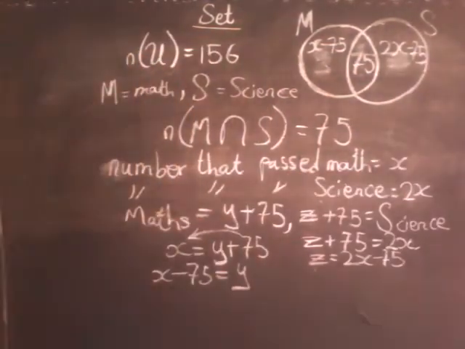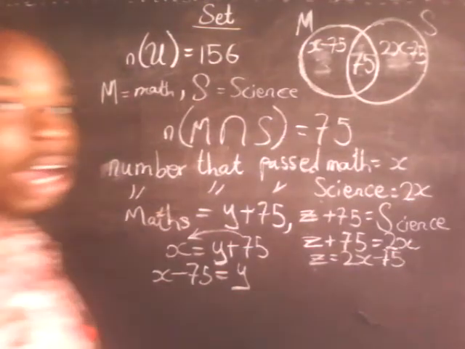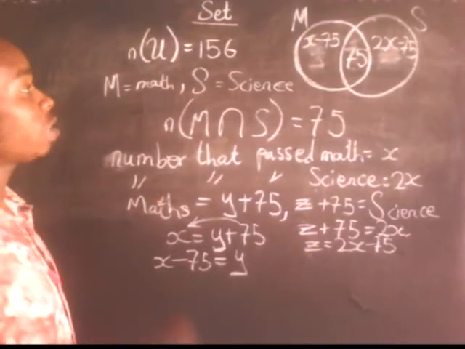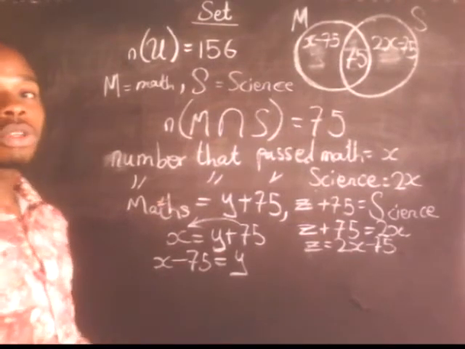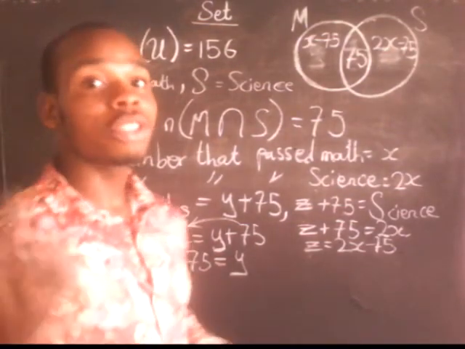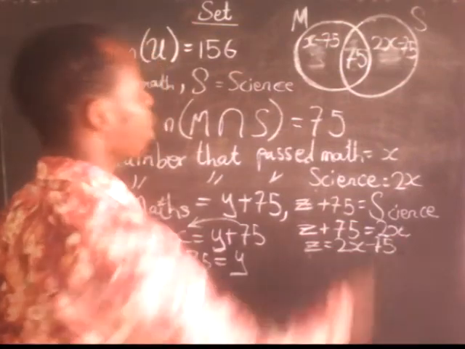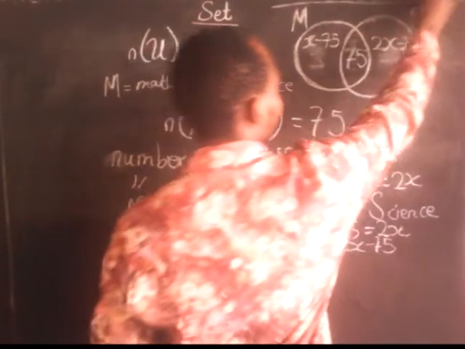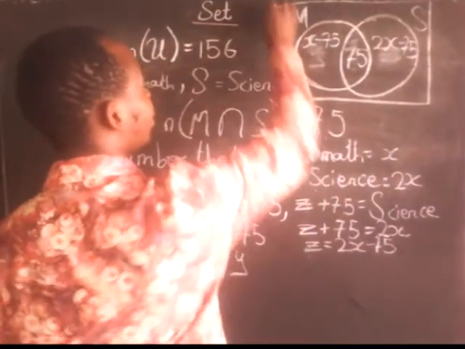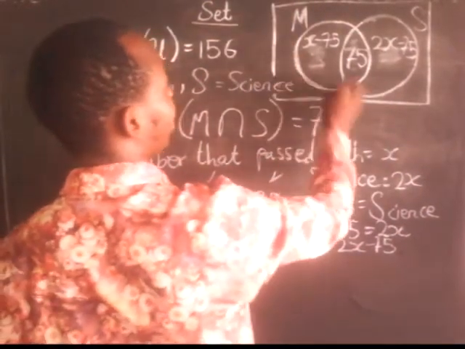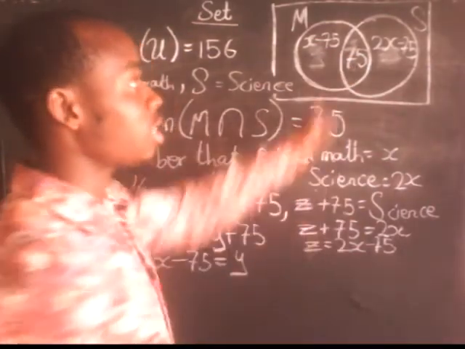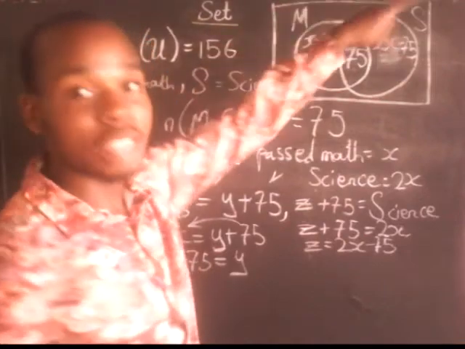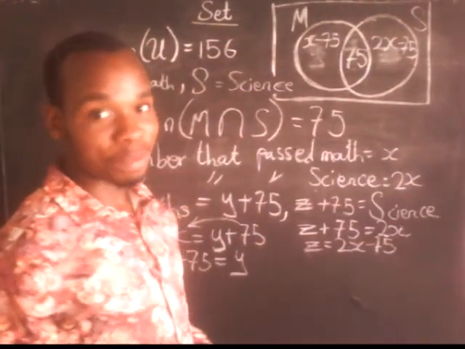And then from the information we have, everybody in the school, all the students in the school studied at least one subject. That means everybody is in this set. Everybody in this universal set is contained right inside the set, because the universal set can be said to be a superset of M and S. Are you with me?